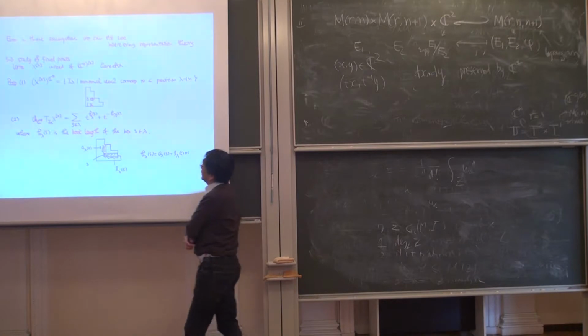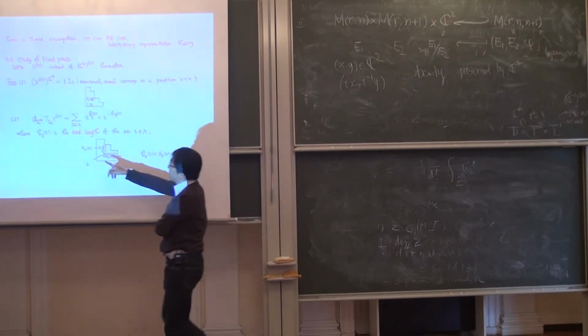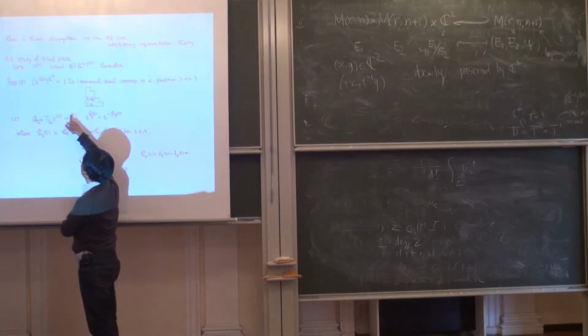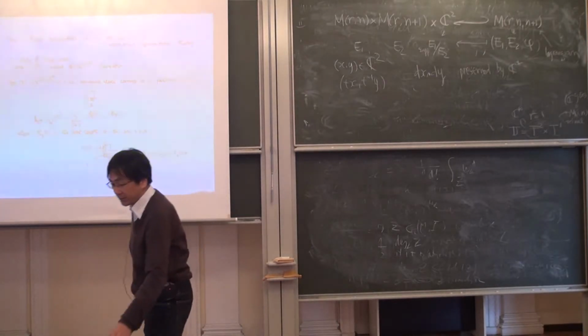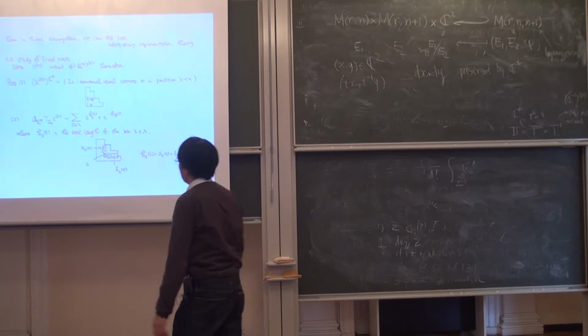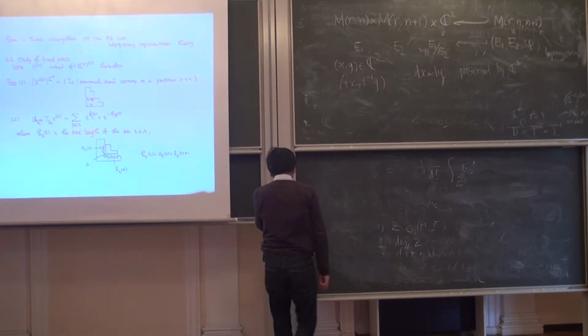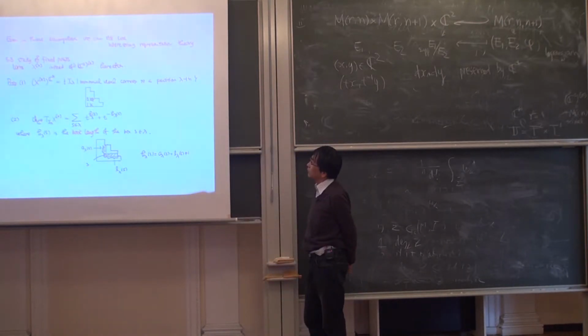This space is 2n dimensional, so it is a sum of 2n terms, and you have some combinatorial expression which involves something you find in the combinatorics of partitions. That is the so-called hook length.